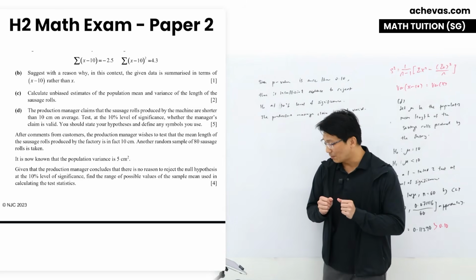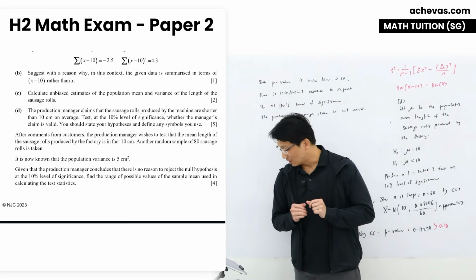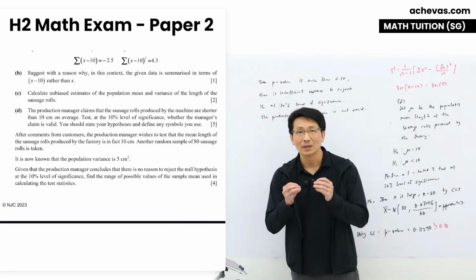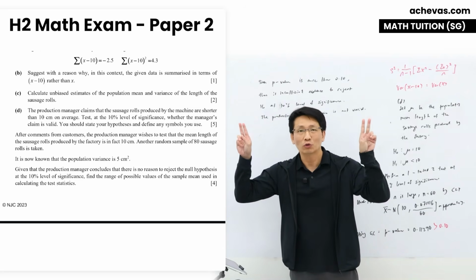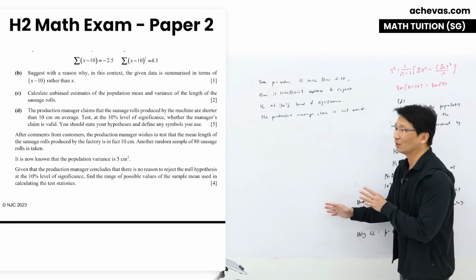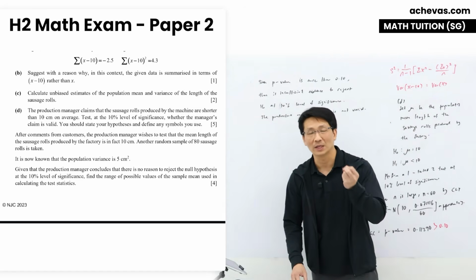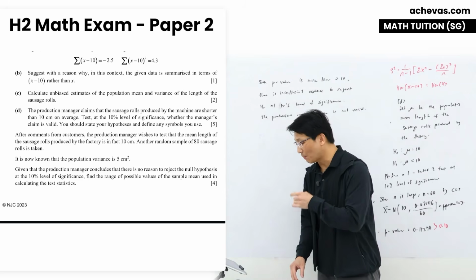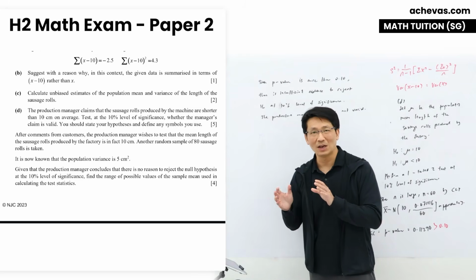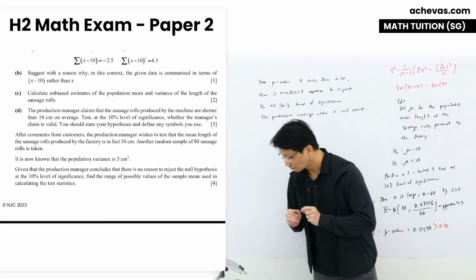It's now known that the population variance is 5 cm squared. This population variance provided by the question is the so-called true variance. Even though just now we did an estimation for the variance, that one is only an estimation from the data. So this population variance should supersede the estimation. This is the variance that we will be using directly.